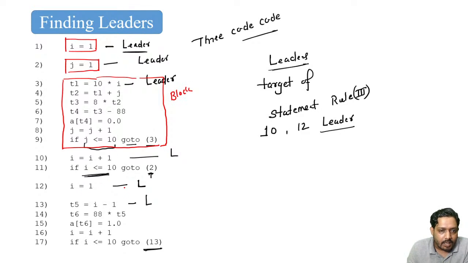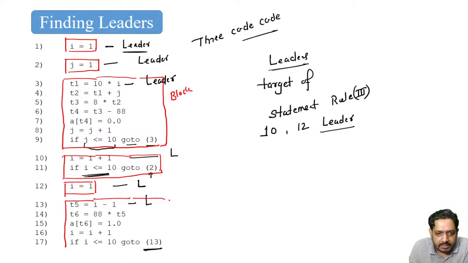Now coming back to 10 and 11. Another leader is at 12, so 10 and 11 will be one group, one basic block. 12 will be a lone statement with one basic block, and 13 to 17 will be another basic block. So what is the idea?